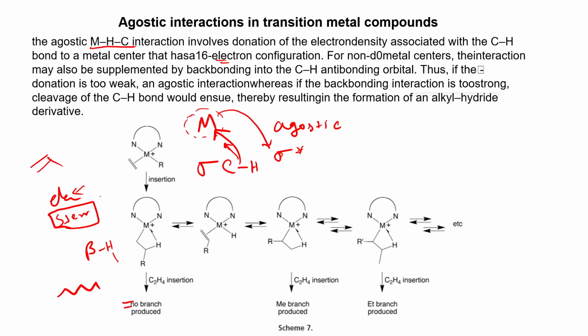Another issue is if the metal electron density is very feasible to be donated into the sigma star, then that back bonding is too strong, and cleavage of the sigma carbon-hydrogen bond happens, resulting in the formation of alkyl hydride.